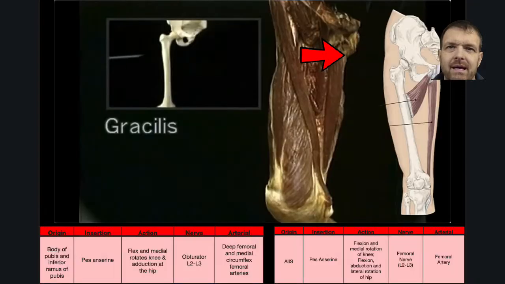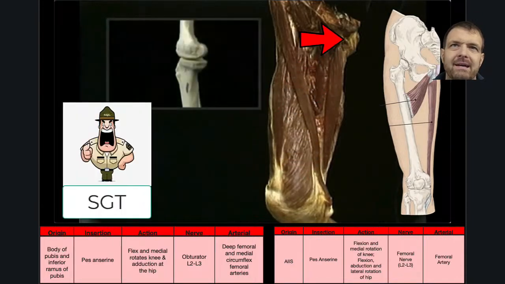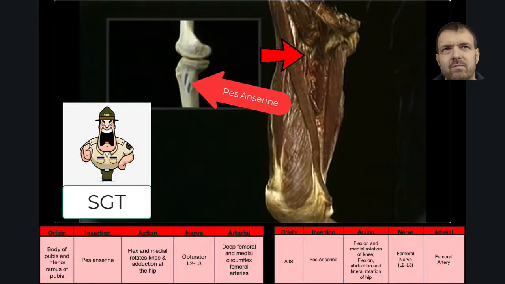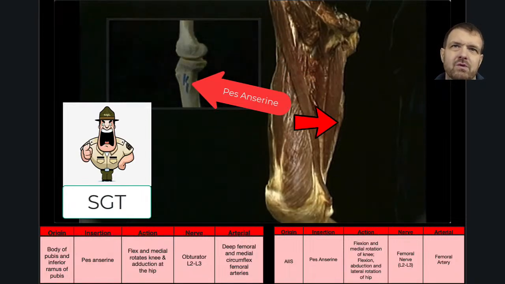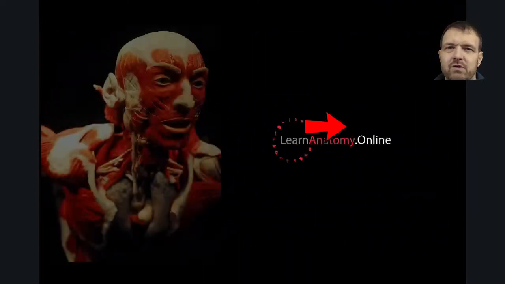If I just go back up there, when we go to the hip, can you see this area here and then coming up here, and then that line across there with the pelvis? We've got a kind of triangle forming here, and that's quite useful for later, when we look at something called the femoral triangle, because these muscles help to form the border of that triangle.